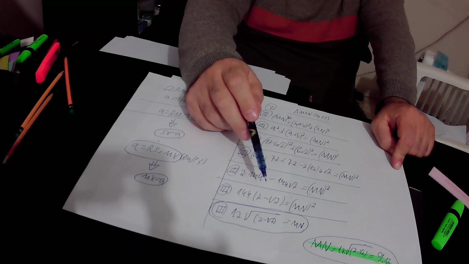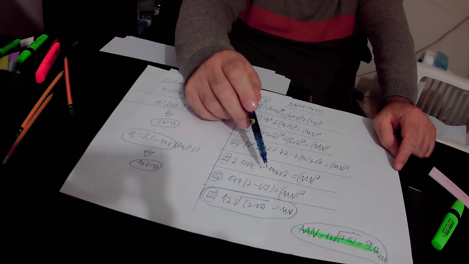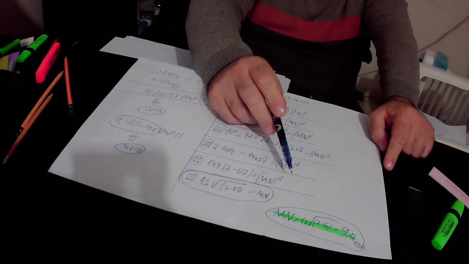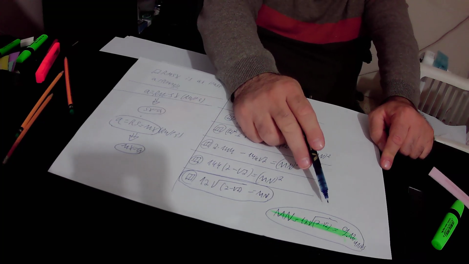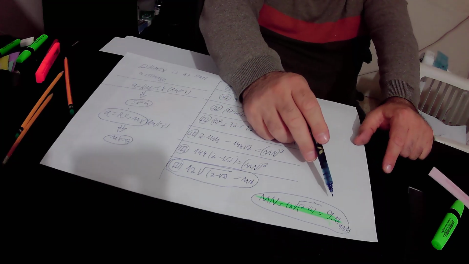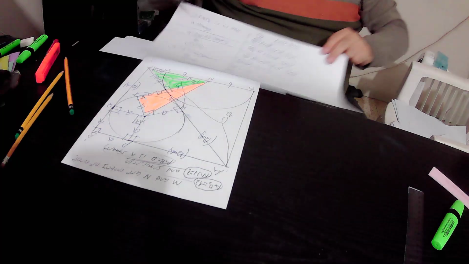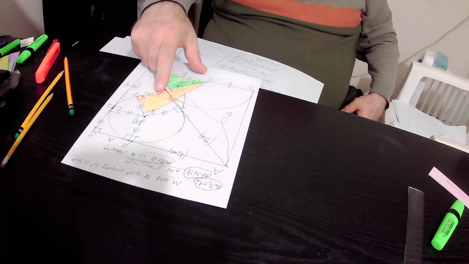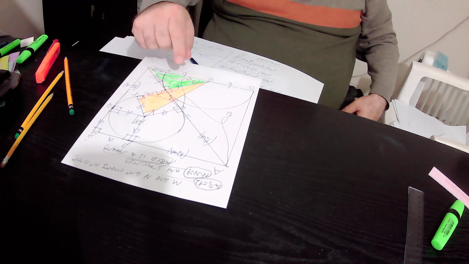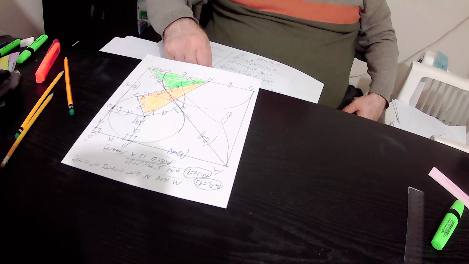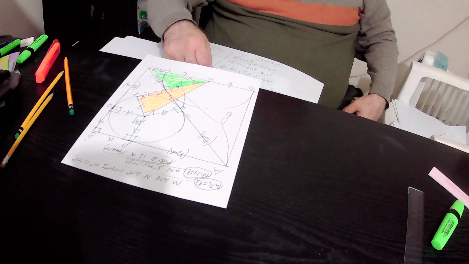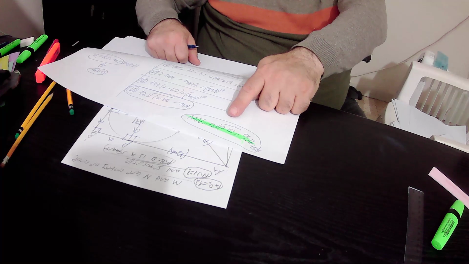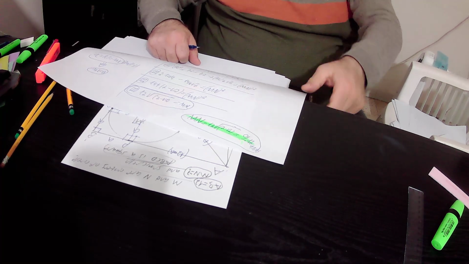In conclusion, MN, the distance between the centers of the circle and the semicircle, is equal to 12 times the square root of 2 minus square root of 2 units, or in terms of numbers, it equals 9.18 units. Okay, thank you very much.